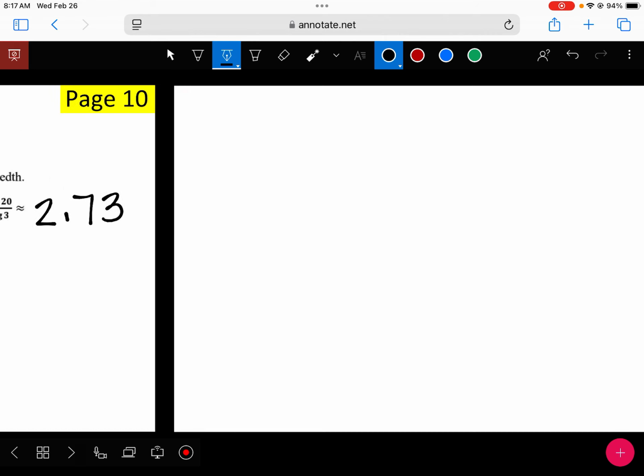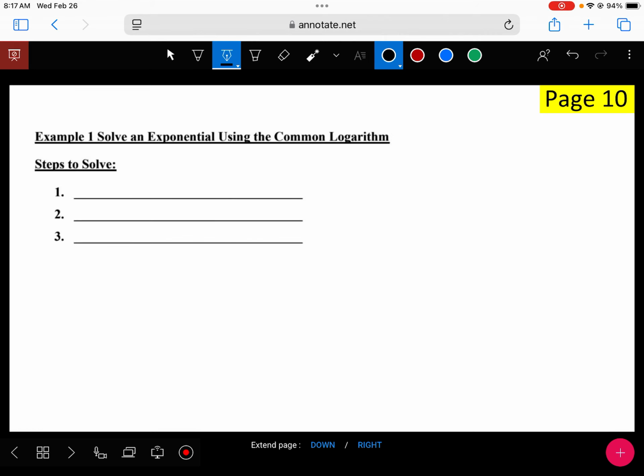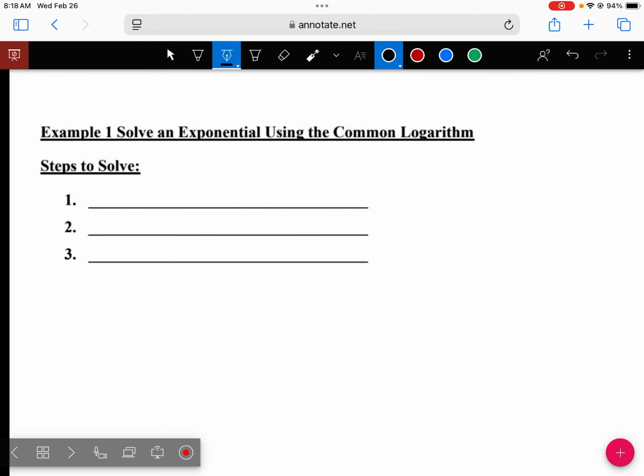Okay, let's go ahead and write down our steps to solve an equation. The first step is to log both sides.